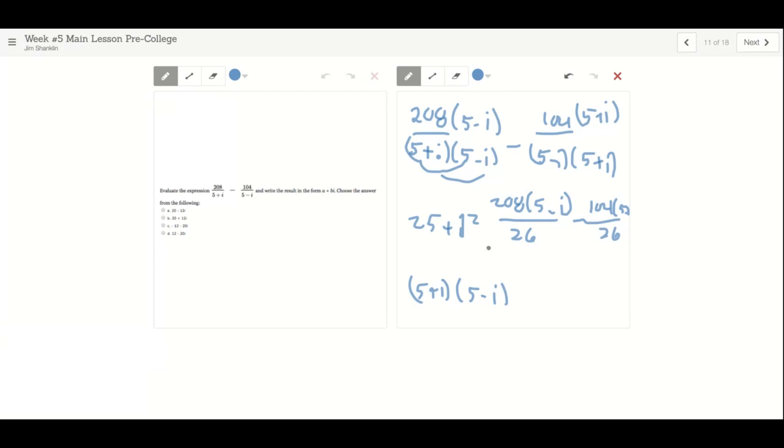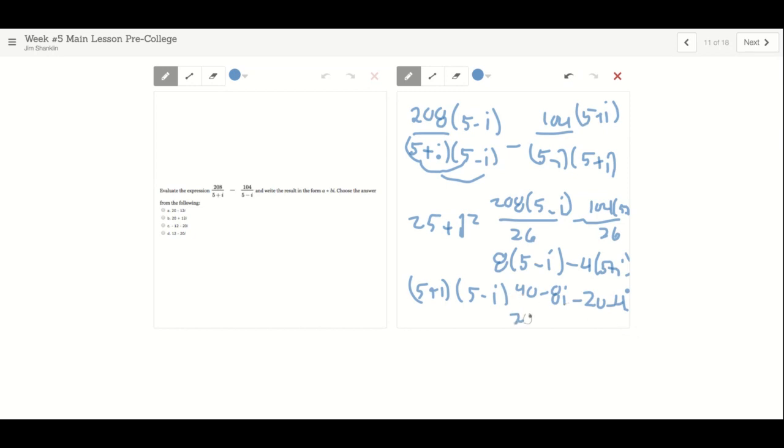So this is going to be 8 times 5 minus i, minus, and then the 26, does that go into 104 4 times? Okay, well, that makes sense because it's half of 208. All right, so this is going to be 4 times 5 plus i. Okay, so now it's not so hard. So if I multiply this across, I get 40 minus 8i minus 20 minus 4i.